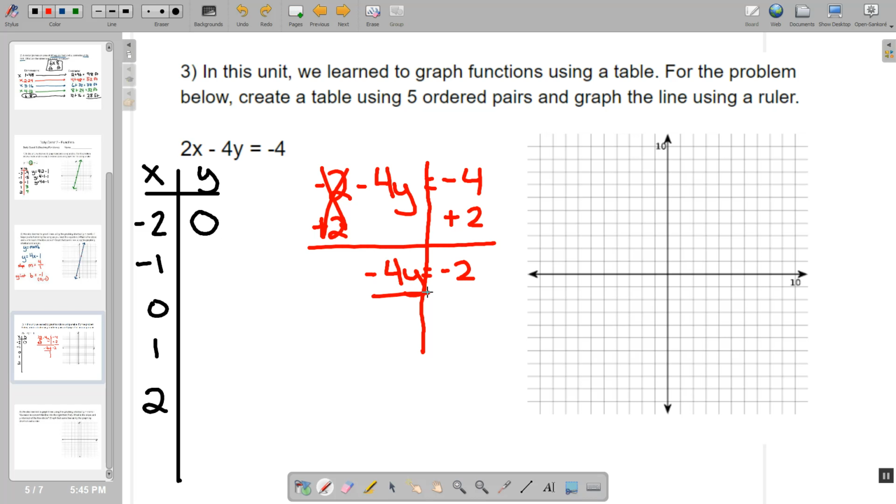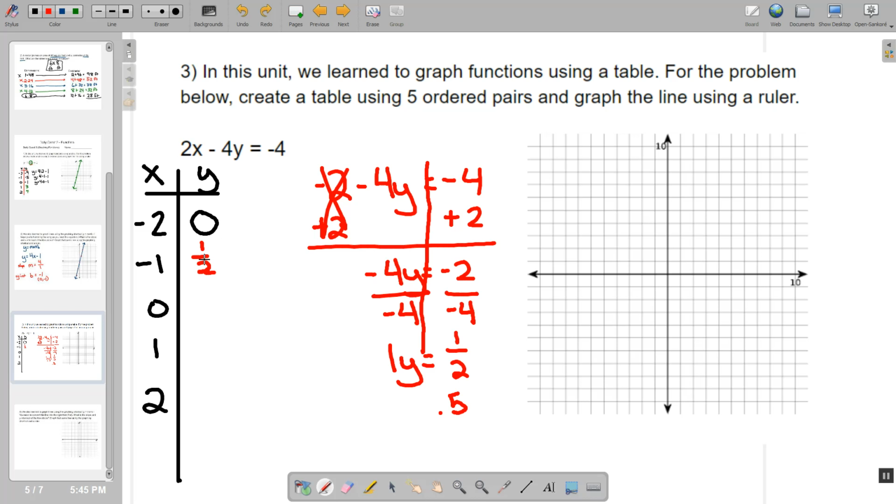From here, we're going to divide by negative 4. So I get 1y equals, this is equal to a positive 1/2, or you can write it as the decimal 5/10. I think a half is easier, though, to deal with in this problem.